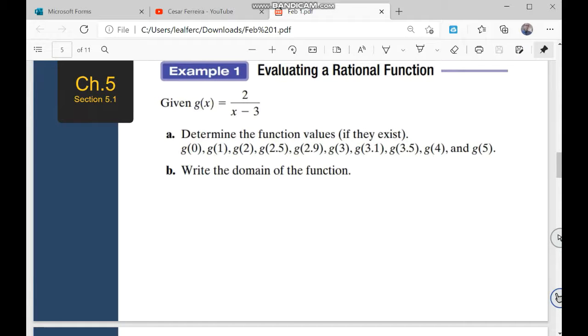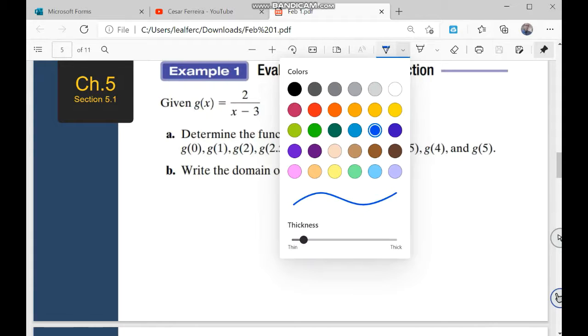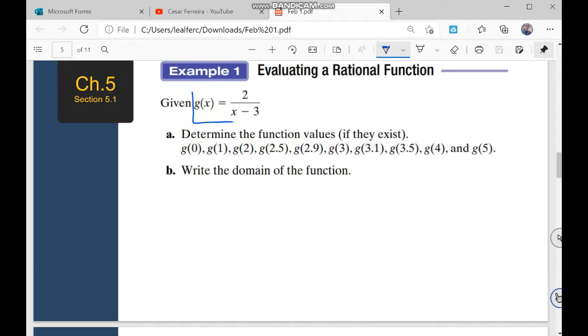Check this out. How do we evaluate a rational function? Given the function g of x equals 2 over x minus 3, determine the function values. This is how we evaluate the function. Find g of 0. To find g of 0, what are you going to do?